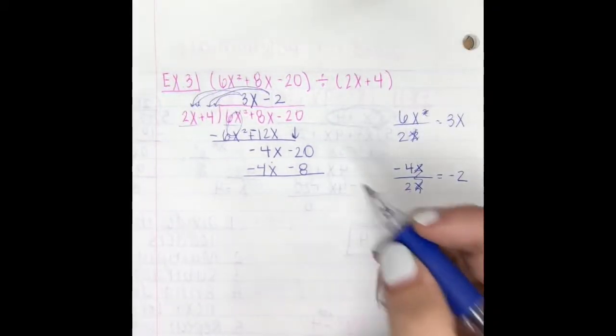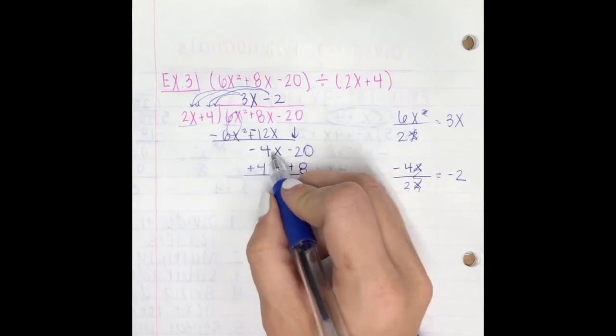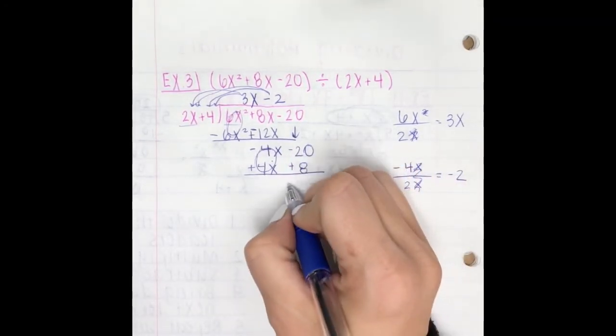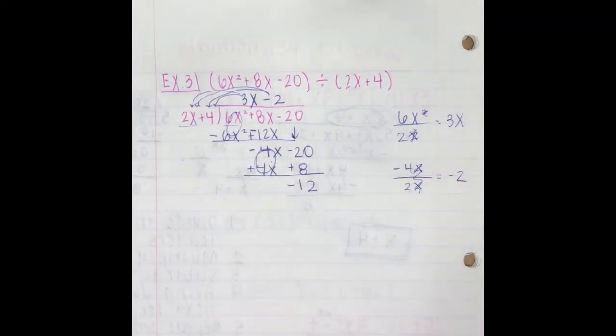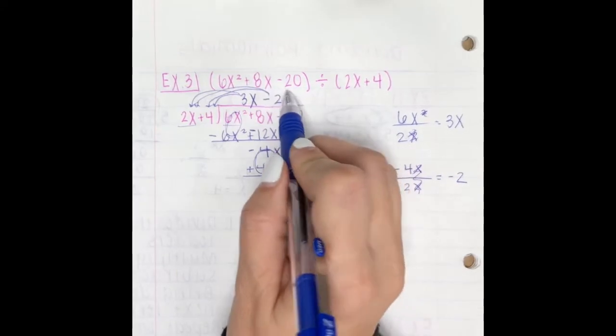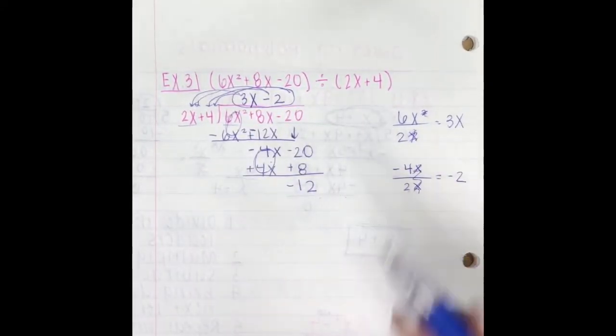All right, and then we're going to subtract, so we're going to change the sign on both of them. Negative 4x plus 4x is 0. Negative 20 plus 8 is a negative 12. I don't have anything else to bring down, so I'm done. Which means this is my answer, but I have a remainder of negative 12, right?